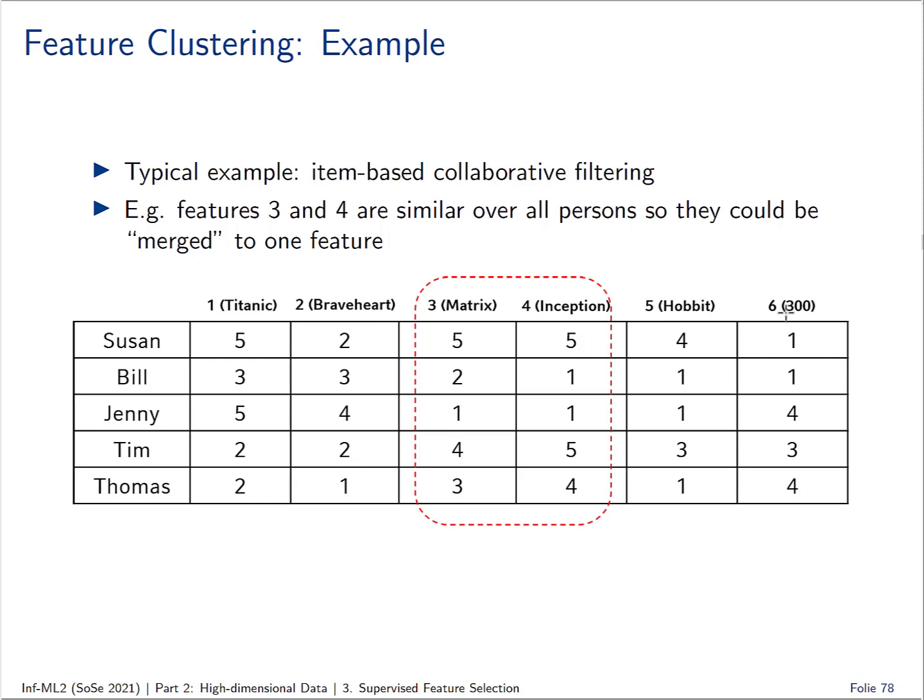Now, if we do feature clustering, we could, for example, find out that the ratings for features 3 and 4, so the ratings for Matrix and Inception, are quite similar, not perfectly similar, but quite similar over all persons. So they could be merged into one cluster. That is the idea of feature clustering.